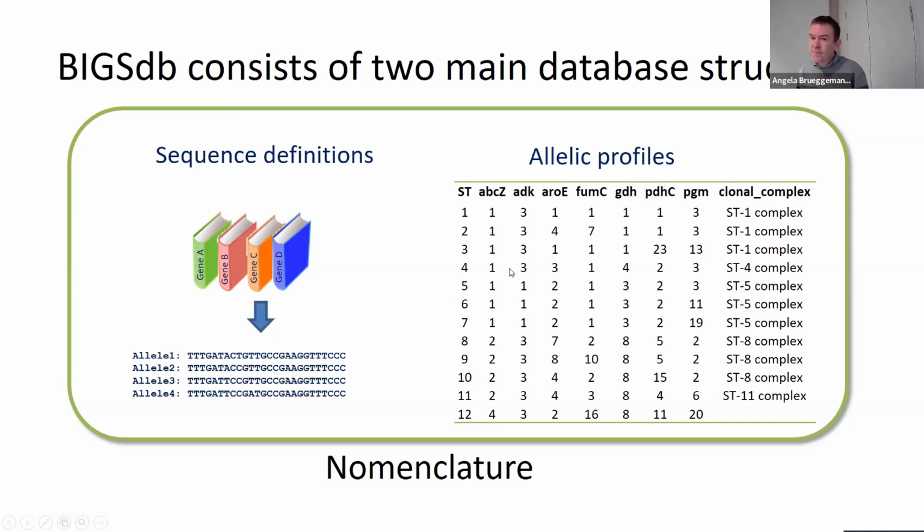And the other thing we store are allelic profiles for schemes such as MLST, whereby you define a sequence type for every known combination of alleles for a particular set of loci. That's now expanded out to core genome MLST, but the principle is exactly the same, except you might have 1,500 loci rather than 7. But you still define a sequence type for that particular combination. So that's nomenclature, and that's pretty boring actually, but very useful.